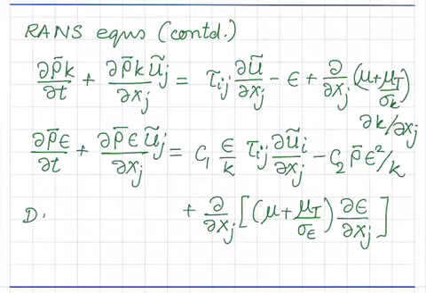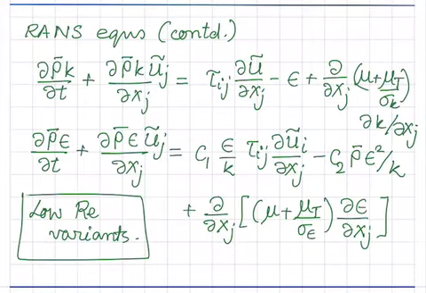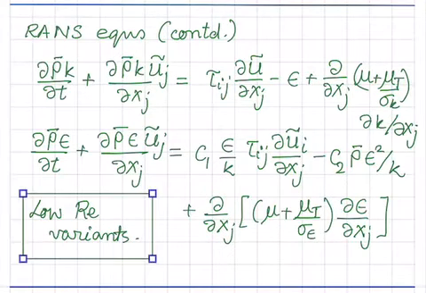They have introduced what are called damping functions. They have changed coefficients, they have introduced even some additional terms, and they all come under the category which are called low Reynolds number variants of the k-epsilon model.